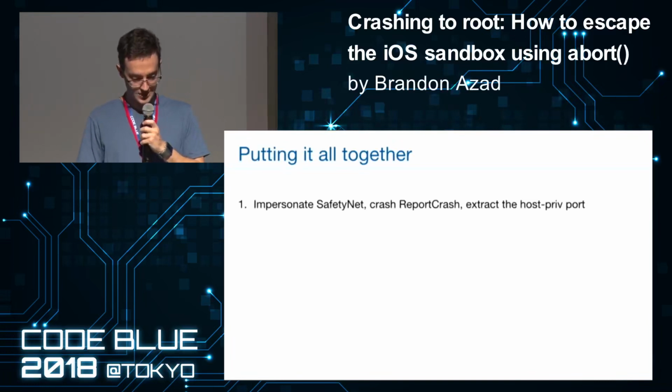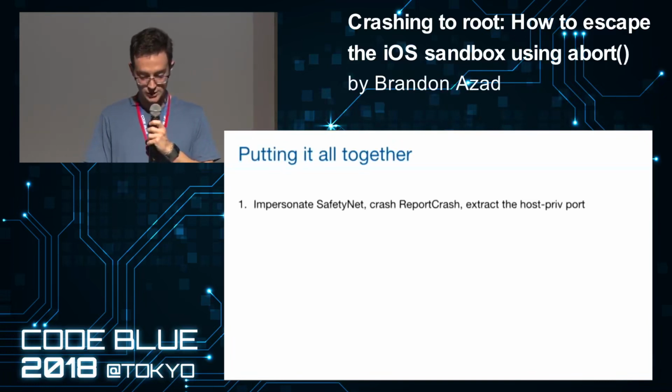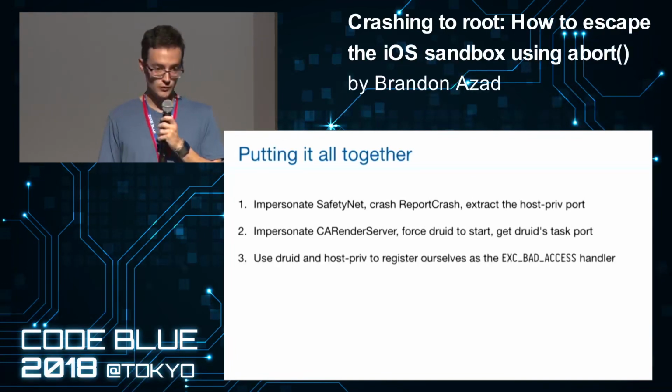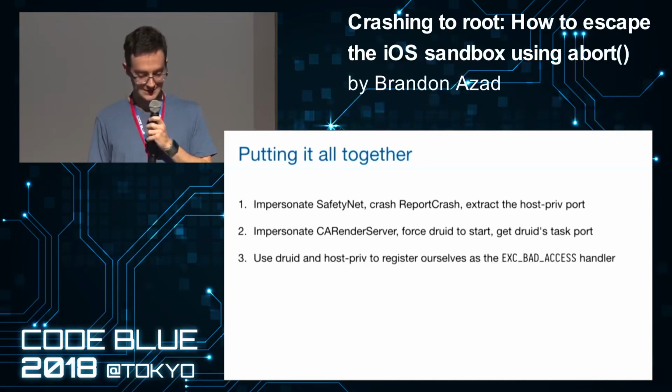So first, we impersonate SafetyNet, trash report crash, and extract the host proof port. Next, we impersonate CA render server, force Druid to start, and get Druid's task port. Then we combine the host proof port with unsandboxed code execution inside the Druid process to register ourselves as the host level exception handler for EXC_BAD_ACCESS.